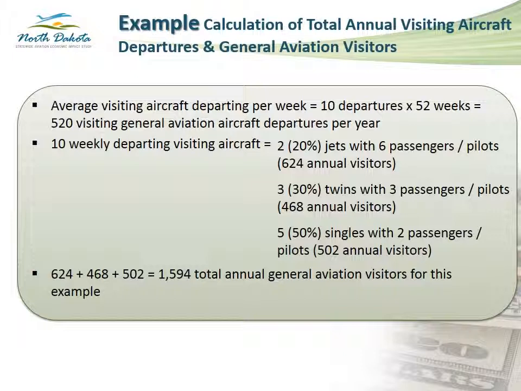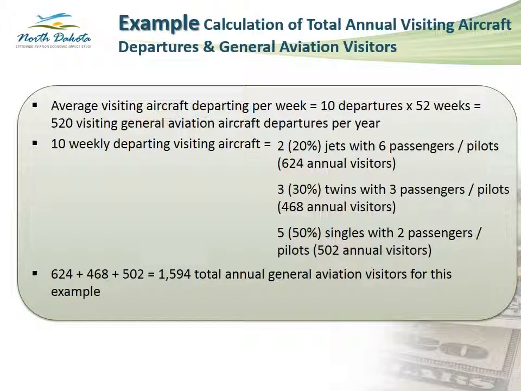In this example for our 10 planes, 2 planes, or 20% of the visiting aircraft, were jets. Each jet typically carried 6 visitors. This yields 624 annual visitors. 3 of the planes, or 30% of the visiting planes each week, were twin-engine planes, typically carrying 3 visitors. This yields another 468 general aviation visitors.